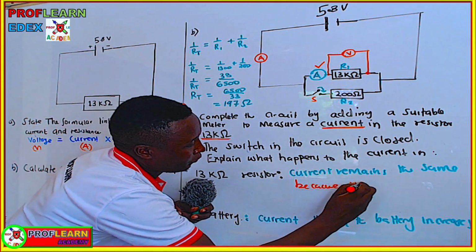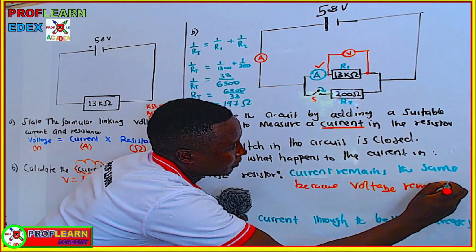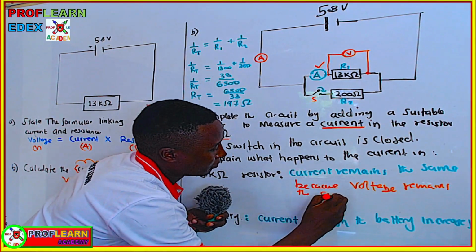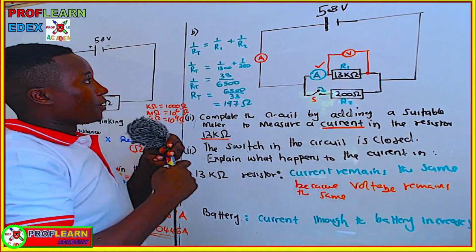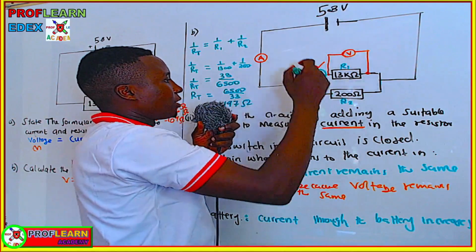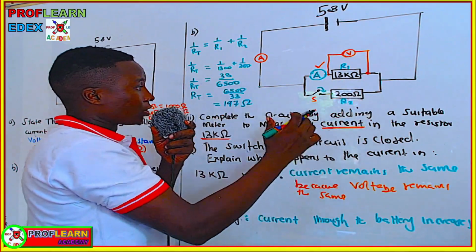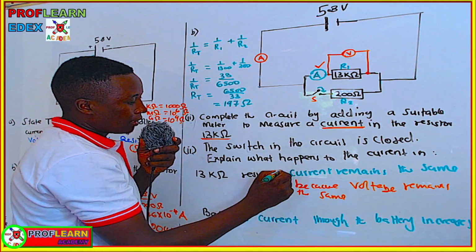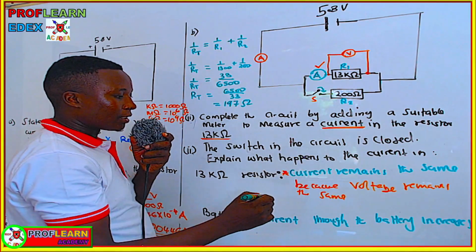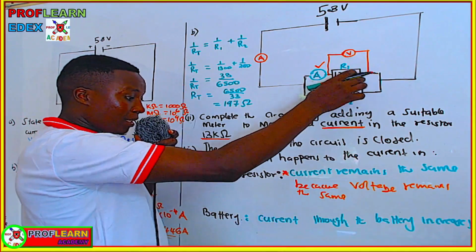The current remains the same because the voltage remains the same. Remember, the voltage across this resistor is 5.8, and the voltage across this resistor is also 5.8. So the current in this part is going to remain the same because the voltage and the resistance remain the same.